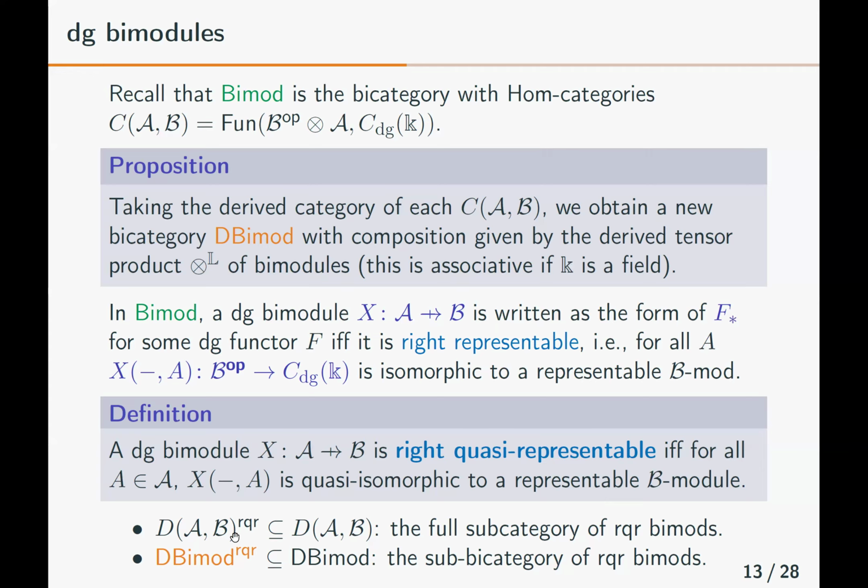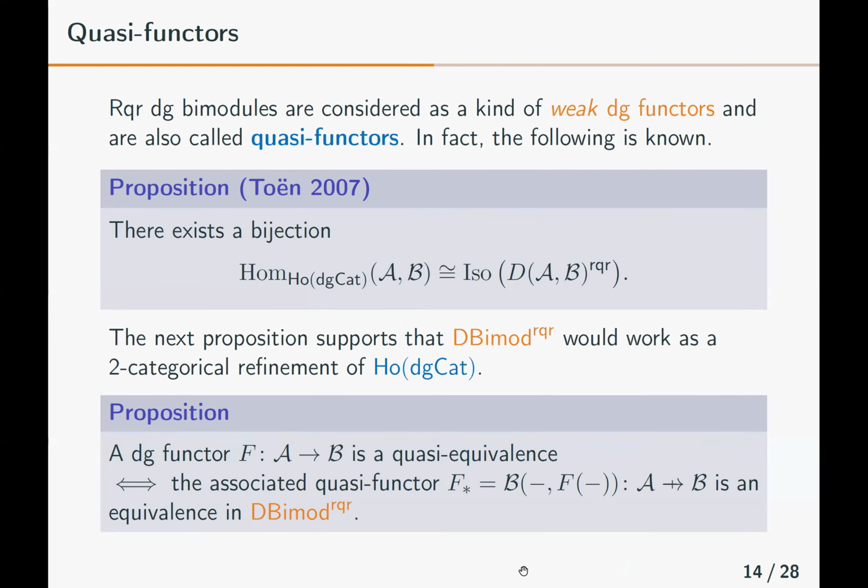We write D(A,B)_rqr for the full subcategory of right quasi-representable DG bimodules and D-Bimod_rqr for the corresponding sub-bicategory. Right quasi-representable bimodules are often called quasi-functors because they should be regarded as DG functors defined up to homotopy.